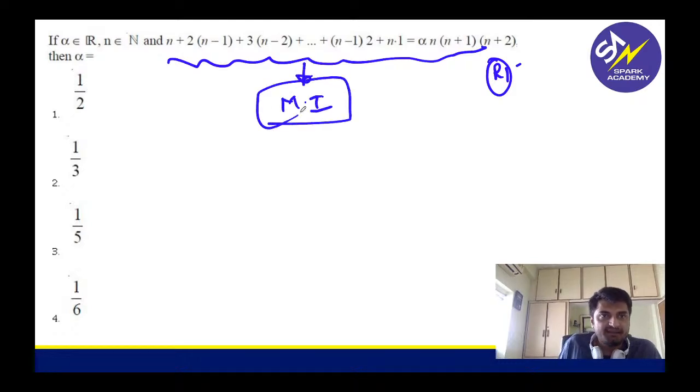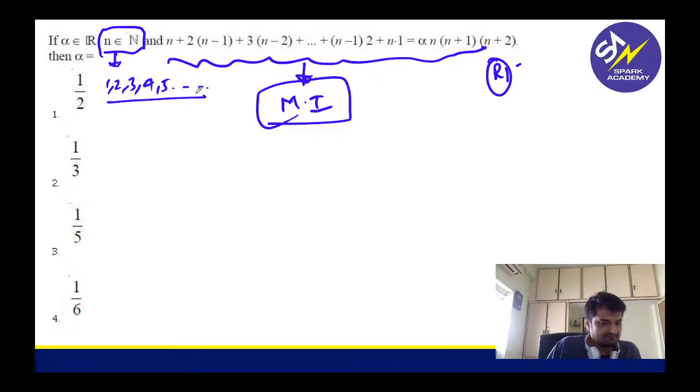Now what did he say? N belongs to the set of natural numbers. What does it mean? I can take n value as 1, 2, 3, 4, 5 and so on. Correct? Yes. So I can take n as 1, 2, 3, 4, 5, 6, and so on.